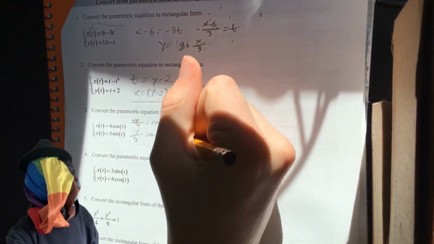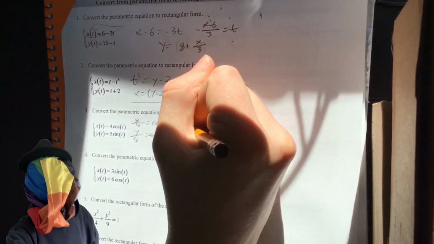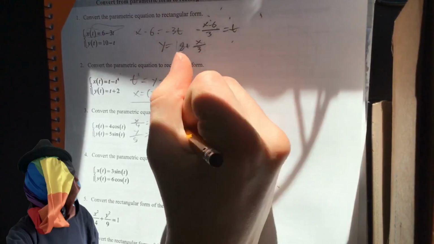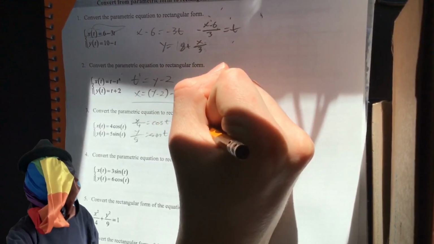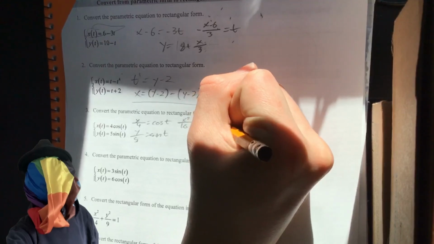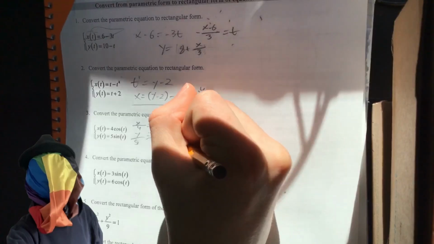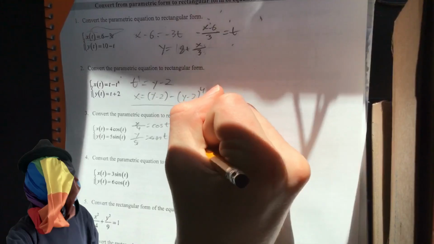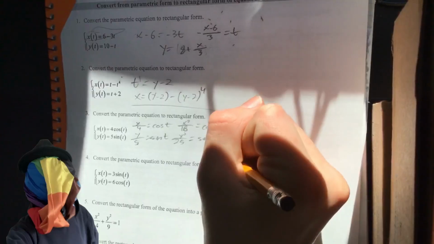We can do x squared over 16 equals cosine squared t, and then y squared over 25 equals sine squared t.